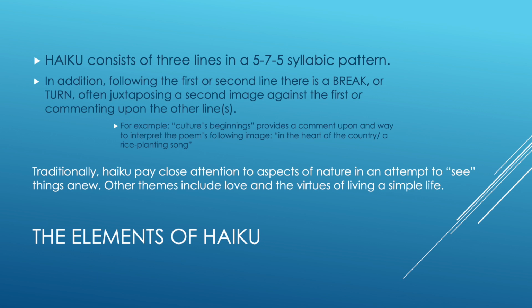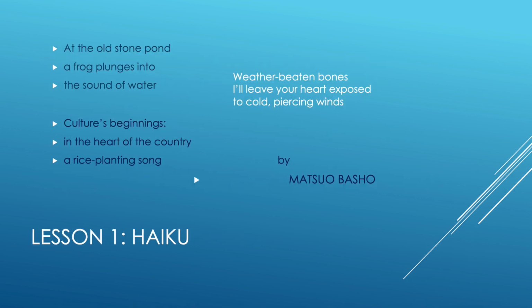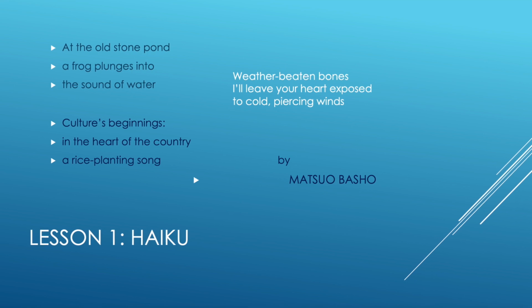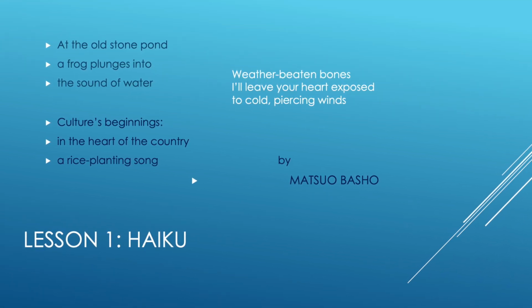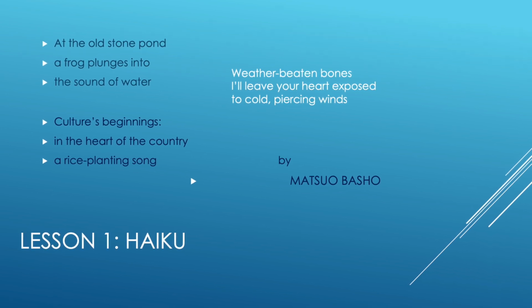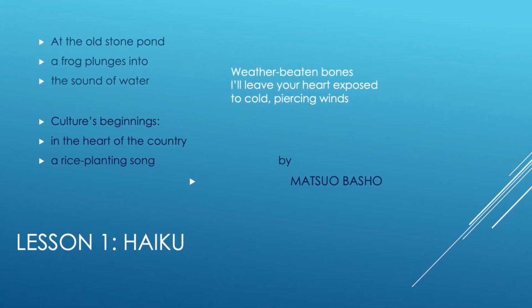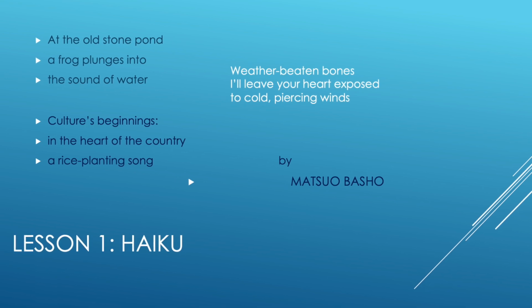But that's the example of the line break, where the first line sets up the image that is to follow. Another example, if you go back to that first, most famous haiku of Basho's: at the old stone pond, a frog plunges, the sound of water. There's a break after the first 2 lines. You have a continuous image, at a pond, a frog plunging, and then the final line, the sound of water.